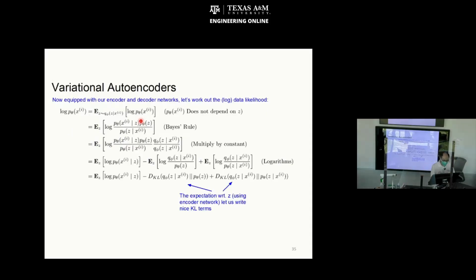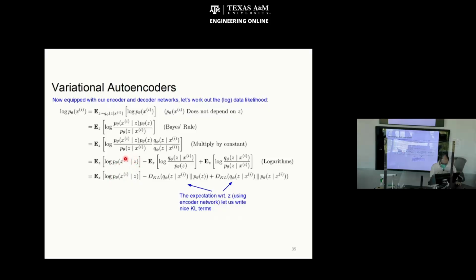Now, we can use the Bayes rule and rewrite p theta. And then in the numerator and denominator, we can multiply both by this q phi of z given xi. Then what you get is the following. You can take the log of the product into the sum of logs, in three terms. The first term is log p of xi given z.